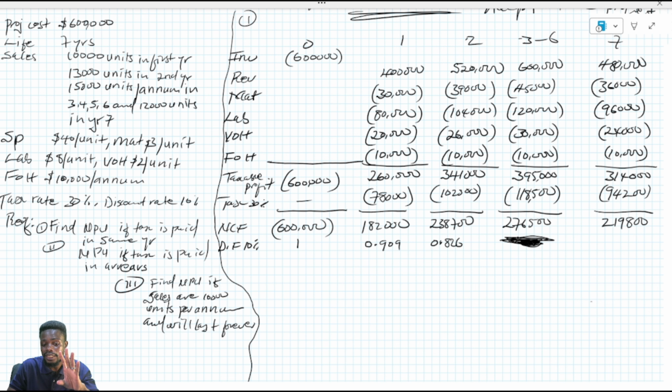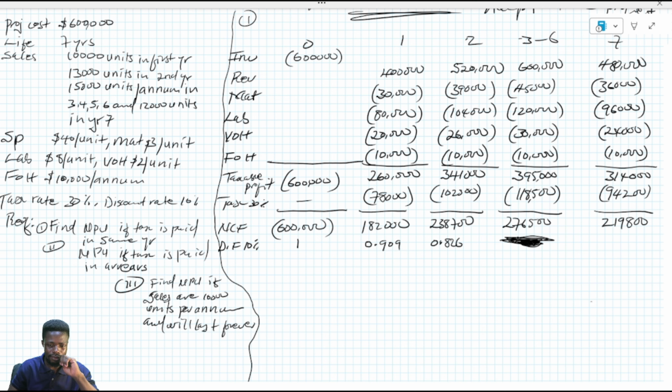But it is not starting from year one to year four. It is starting from year three to year six. So though you're having the sixth year there, it doesn't mean that it is 6 years cash flow. You're looking at year three, year four, year five, year six. So it is 4 years cash flow.